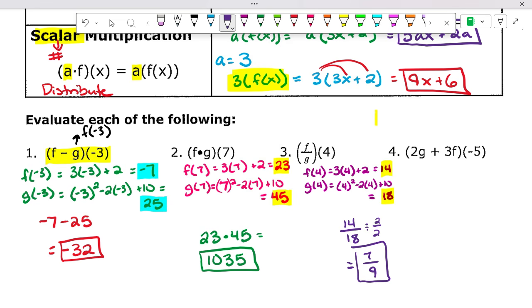Oh my god. 8. Okay, so I don't know what 14 divided by 8. Let's go. What is it?